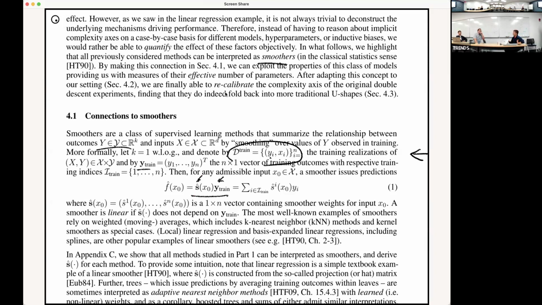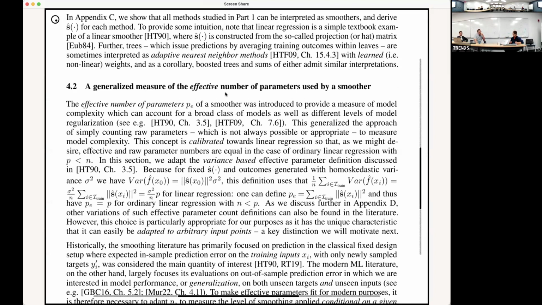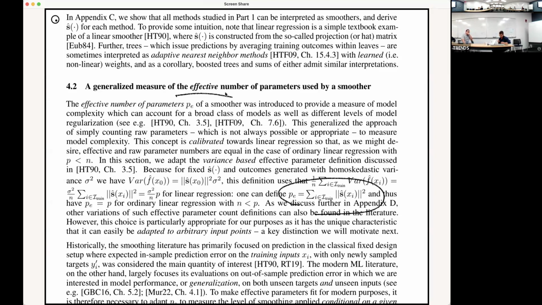When its values depend on the y in the training set, those are non-linear models, but they still can do local smoothing. For any smoother, they can specify an effective number of parameters, defined as the sum over the training data of the L2 norm squared of these coefficients S computed at all of the training data.